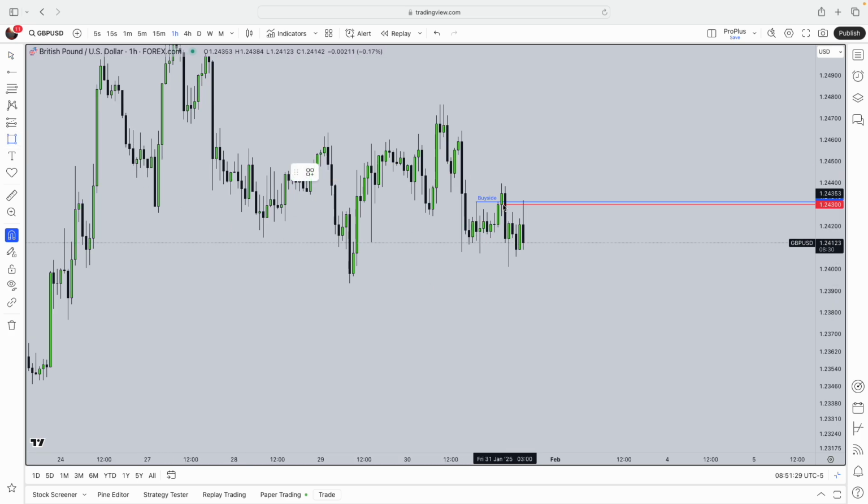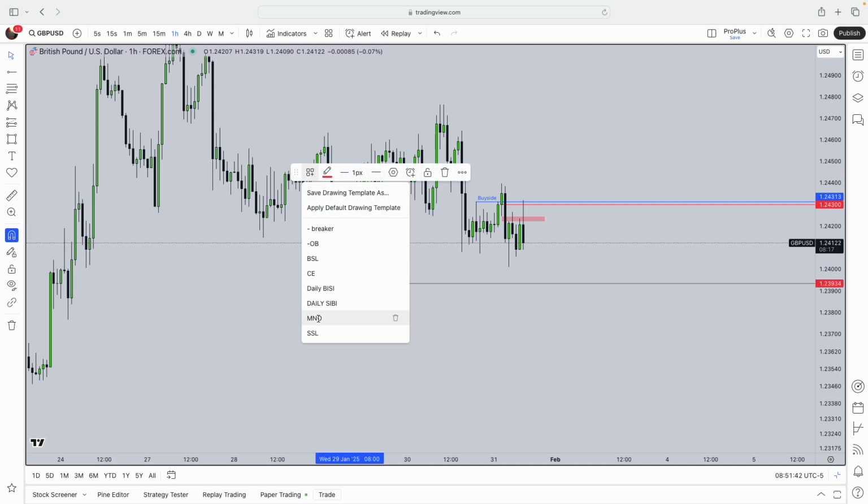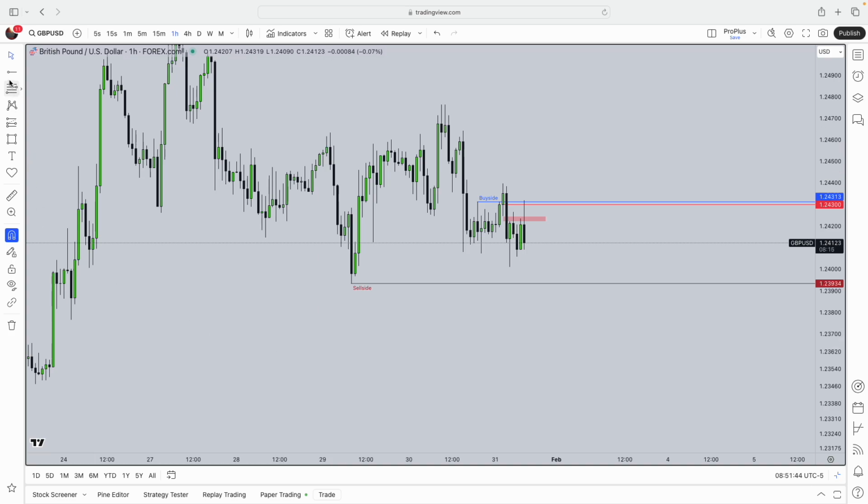We've then had a SIBI there. We've had a low here for sell side. Sell side here, with an inefficiency here.